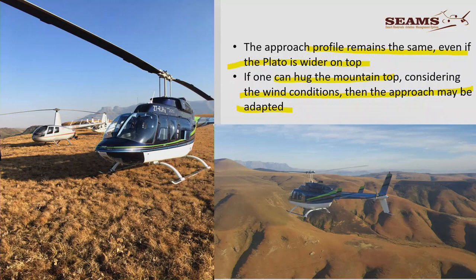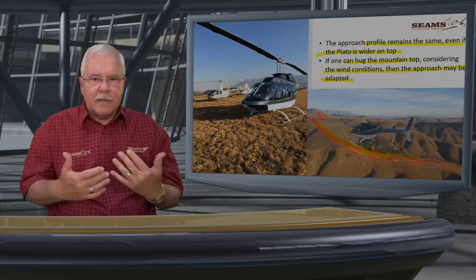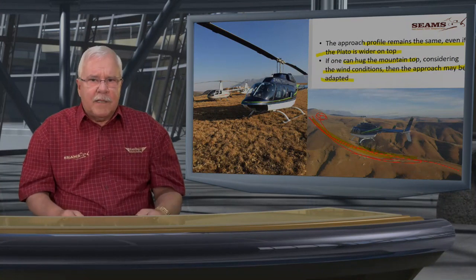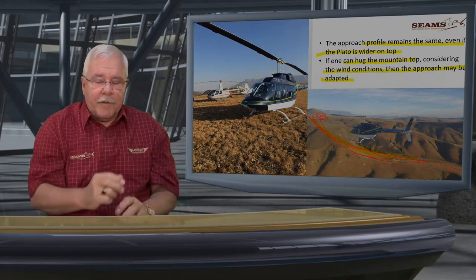Hugging the mountain, you know, flying just above this mountain up here, and then going to land there. You can, close to the mountain, literally 6 to 10 feet above it, and you just follow the contours.